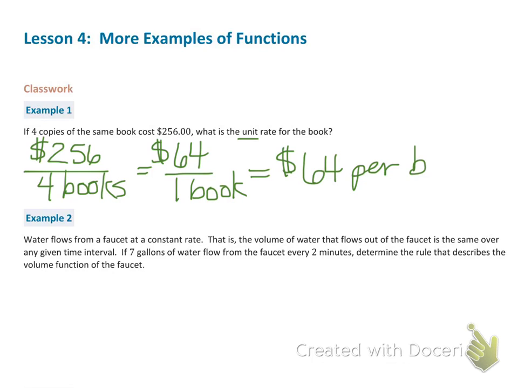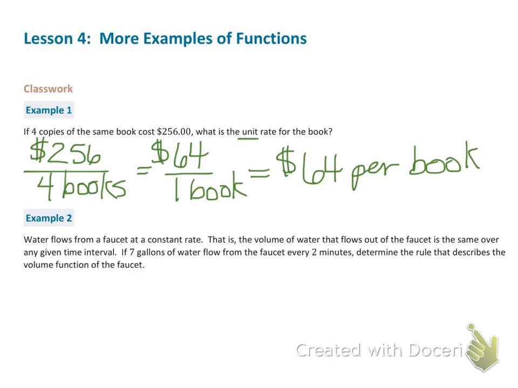So when we did this, when the 256 was feet and the 4 was minutes, then it would have been 64 feet per minute if it was constant rate. Okay, so this is a constant rate problem. All the books are going to cost the same.